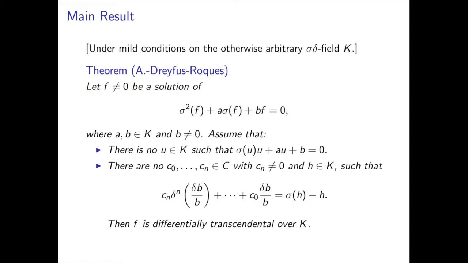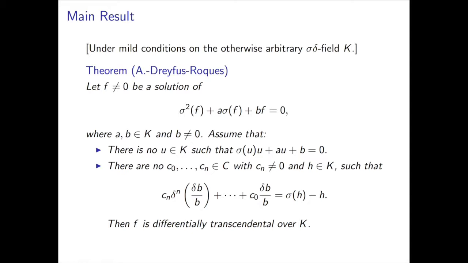And then the second condition is that if you look at the logarithmic derivative of the coefficient b, I want there to not exist a linear differential operator, which when applied to that d log of b, ends up having this shape for some function h also in the ground field. So this kind of problem in multiple contexts has been heavily studied in the symbolic computation community.